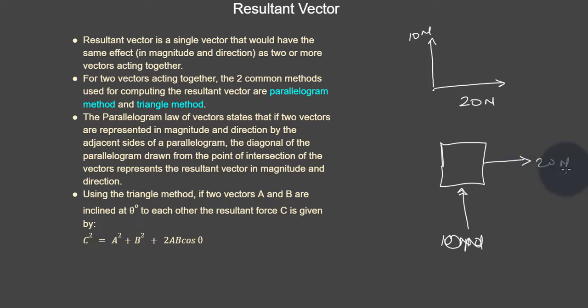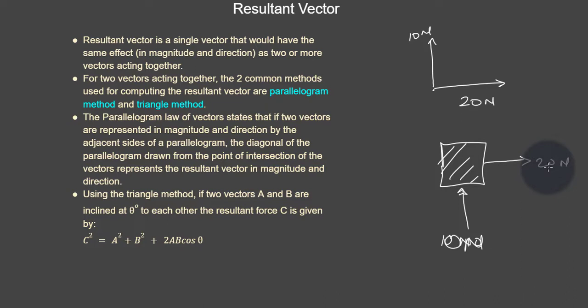And I ask you, what is that single force that will have the same effect as these two forces? That is, if I were to apply a single force on this block, what would be the magnitude of that single force, and in what direction should it act such that it will create the same effect as these two forces acting together?